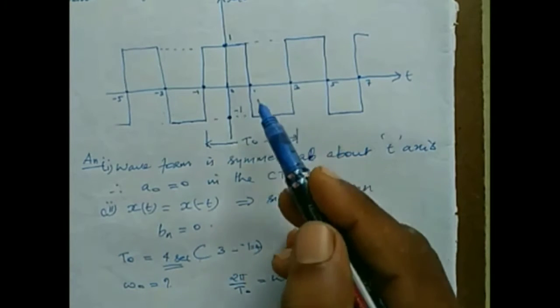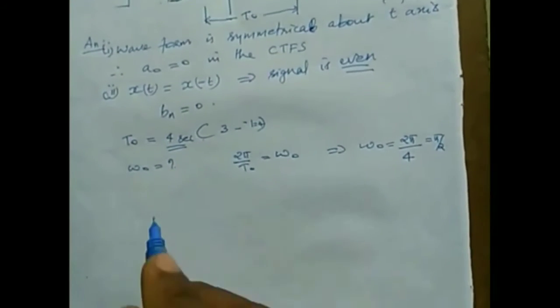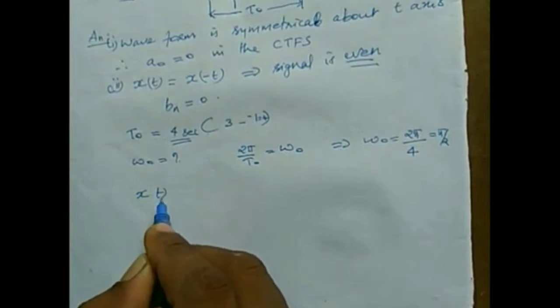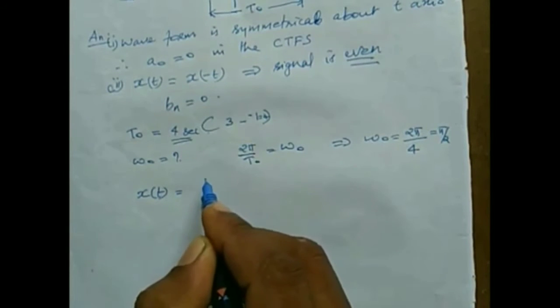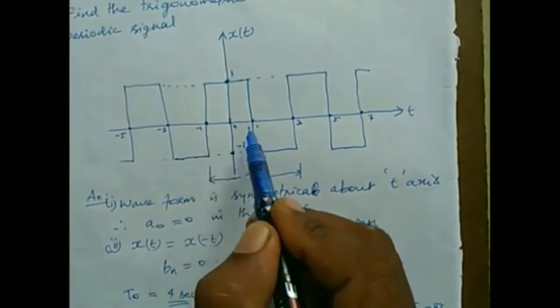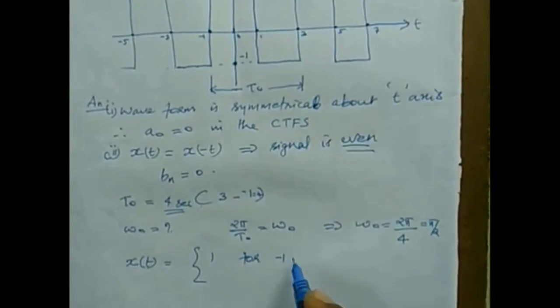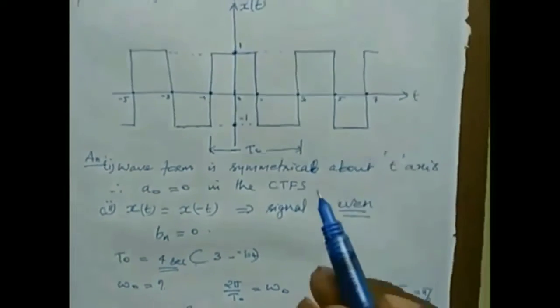Let us express this using functional representation. x of t is equal to 1 for -1 less than or equal to t less than or equal to 1.